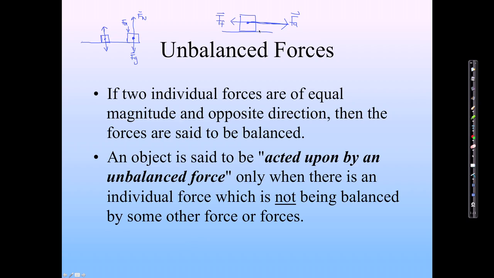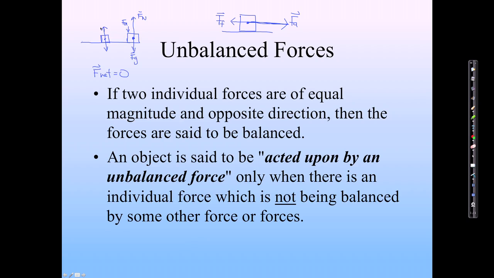So here, this is an object acted upon by an unbalanced force. That is to say, the sum of these forces is not zero, whereas in a balanced situation, the sum of the forces, or the net force, is zero. So in these cases, F net equals zero, because when you add up the two down vectors here and the one up vector, those are the same.